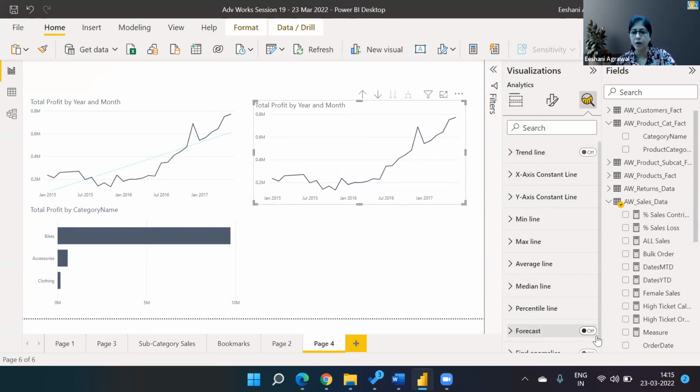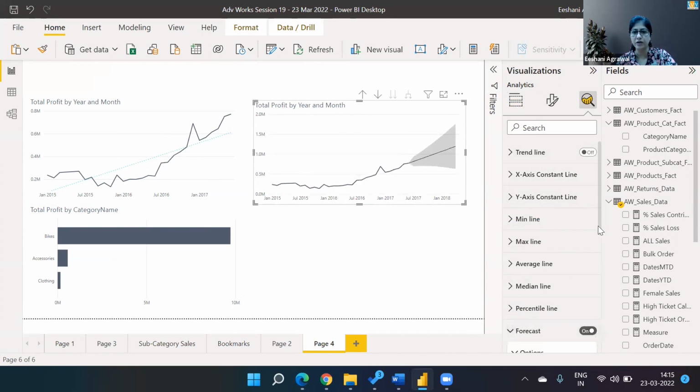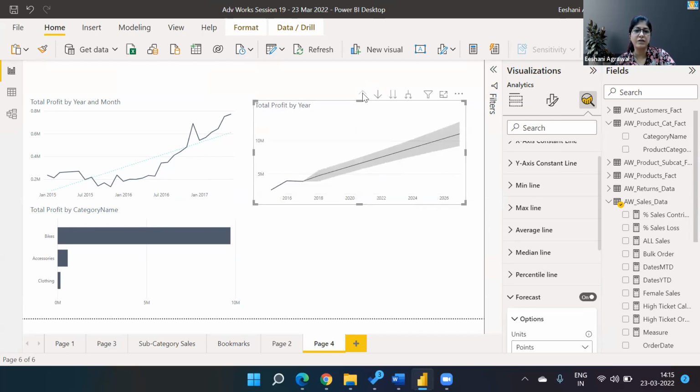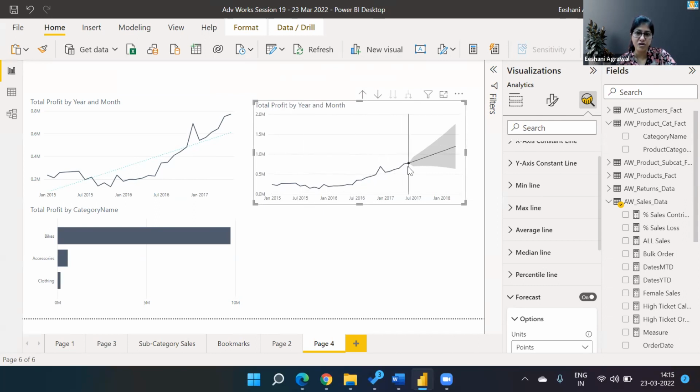So once you turn it on and click, you look at various choices. What this is doing, it is forecasting the profit for you. But whenever we do forecasting, we need a lot of data points. It doesn't really work very well when you have very few data points. If you have only 3 or 4 forecast points, then this forecasting may not even make sense, right? So make sure we have a lot of data points when we are doing forecasting. So it's saying, okay, this is the general trend.